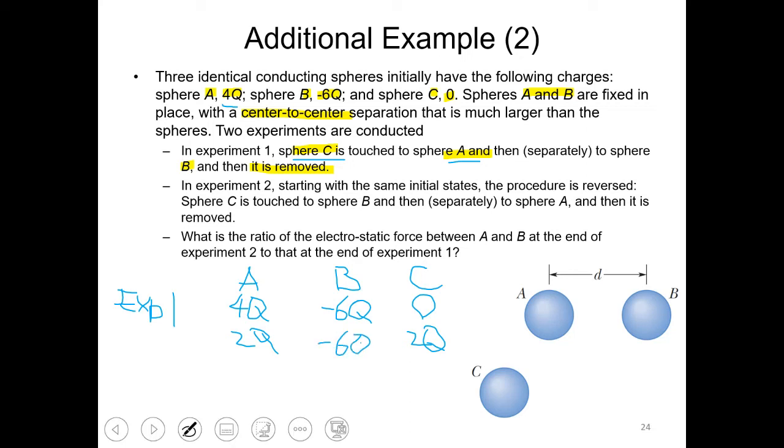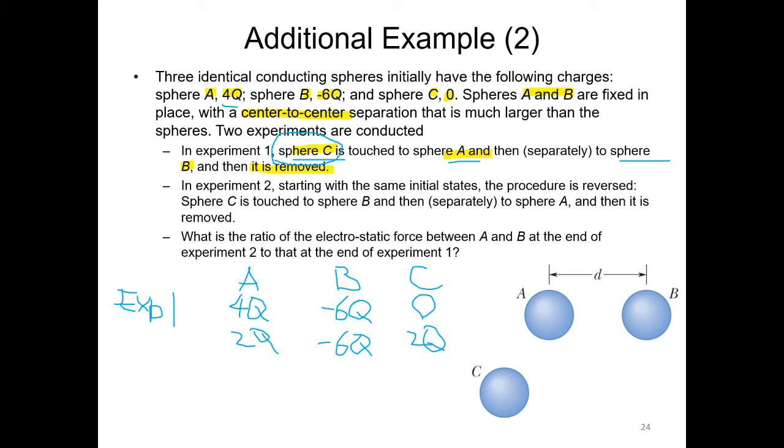Sphere B doesn't change, so you still have minus 6Q. Then sphere C touches sphere B, and then it is removed.